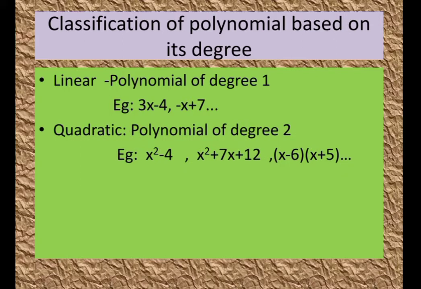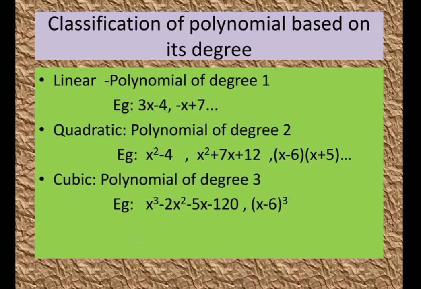And a quadratic polynomial has degree 2. Look at the examples given here: x square minus 4, x square plus 7x plus 12, and it can also be in product form. Here the power is 2, that is, the degree is 2, so it is called a quadratic polynomial. And one which has degree 3 is called a cubic polynomial.